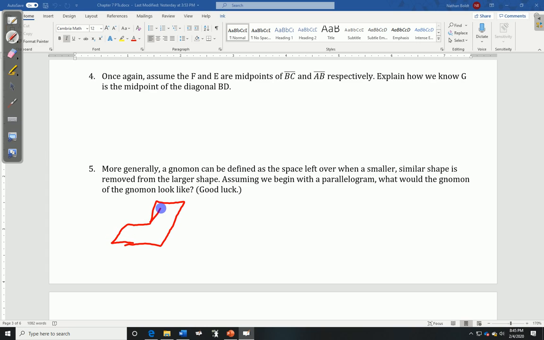I think this is more diagonal, isn't it? There we go. What if you cut out a shape that looks like this out of that shape again? So cut a shape like this out of this gnomon shape. You're cutting out a similar shape. Just try that out. That one's more just for fun if you've made it this far. Again, you are turning this in at the end. Good luck.